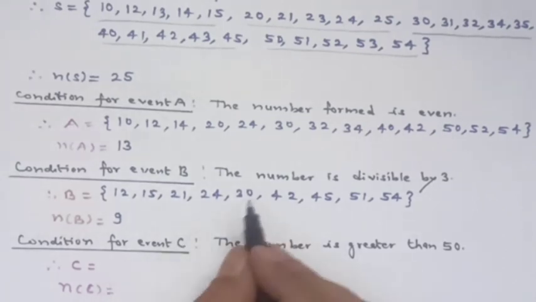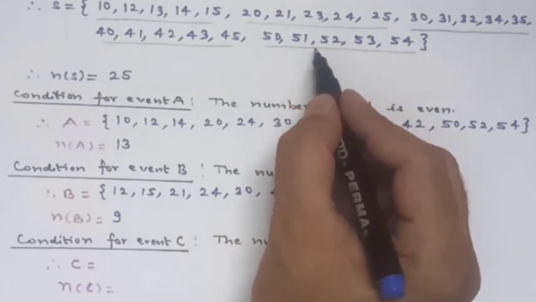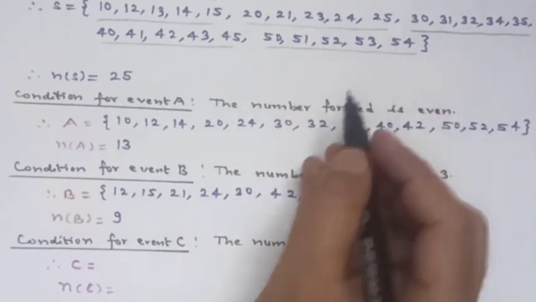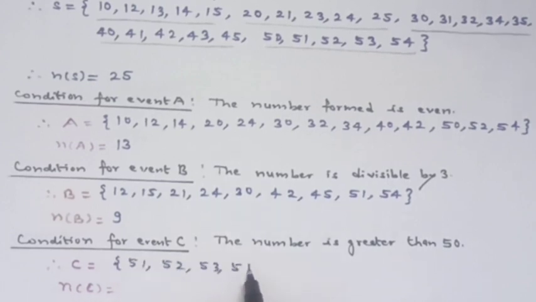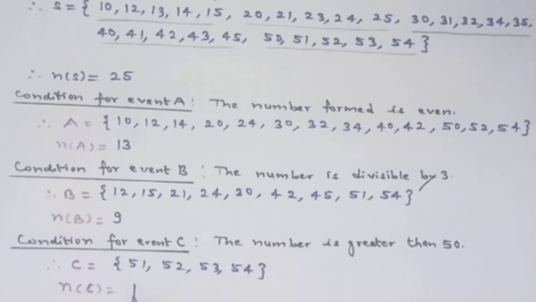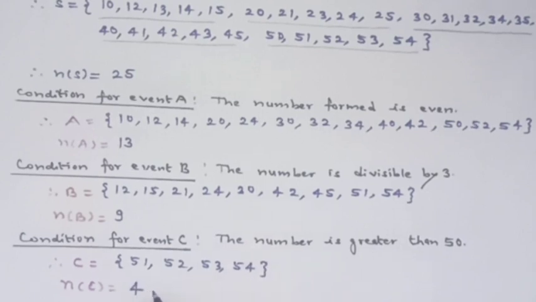So you will be having all these numbers 51, 52, 53 and 54. Total 4 elements. So NC is 4.